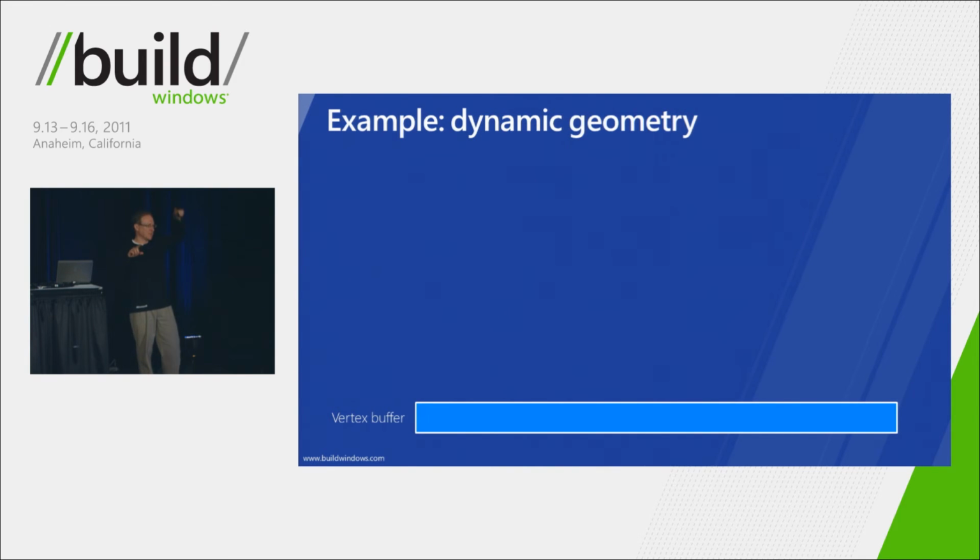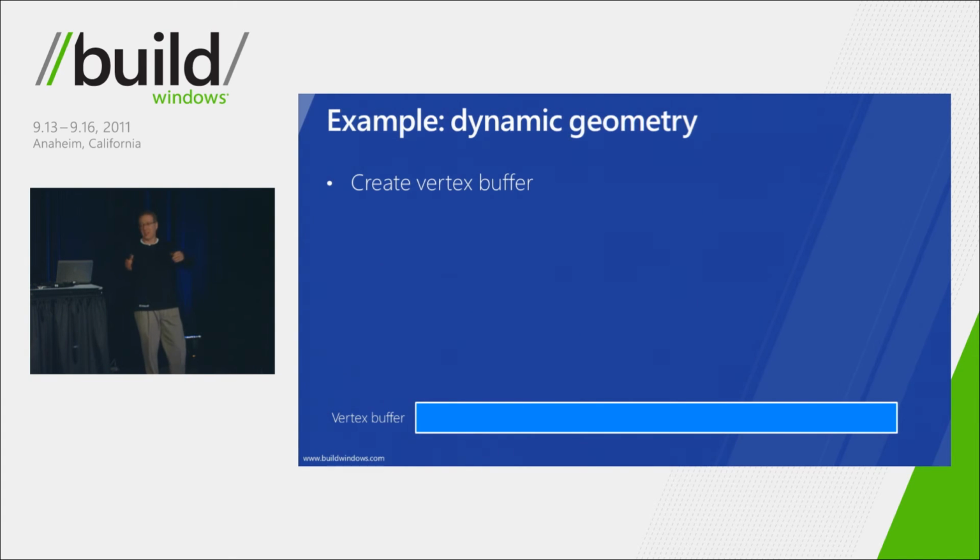So it's basically a quad, and I'm going to draw it as two triangles, and it's got some transparency to it. And let's say that somebody throws a ball at it, and the instant that the ball hits the window, those two triangles no longer are valid for me to be able to represent what's going to happen in the next frame, right? So I'm going to create a vertex buffer that I'm going to use for these kinds of dynamic events.